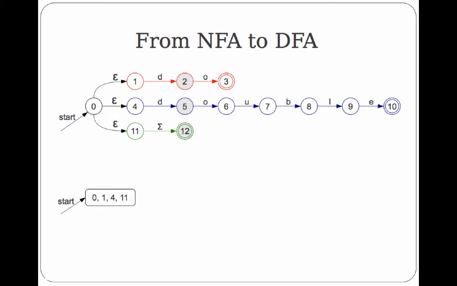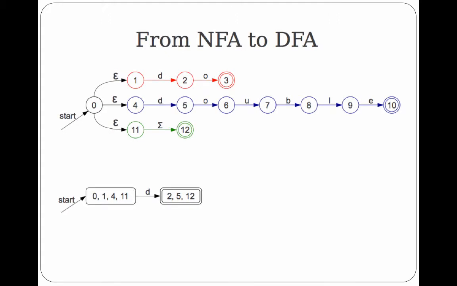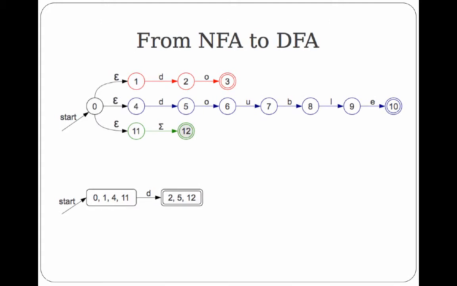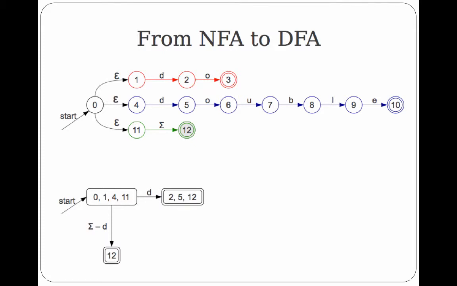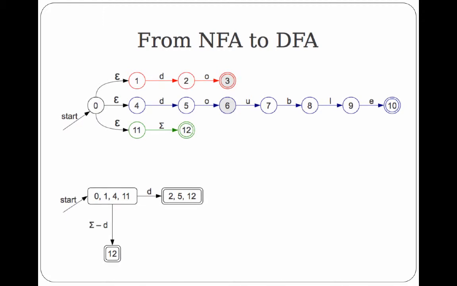Where can we go from state 0, 1, 4, 11? Well, we can just read that off of the NFA, and we see that with the D we can go to 2, 5, or 12. Then we can move on to state 12 for everything other than a D, and that gives us a transition that looks like that, which of course is a compact way of writing what potentially could be a lot of transitions, for everything in the alphabet except for D. And then moving along in the simulation from 2, 5, and 12, where can we go?